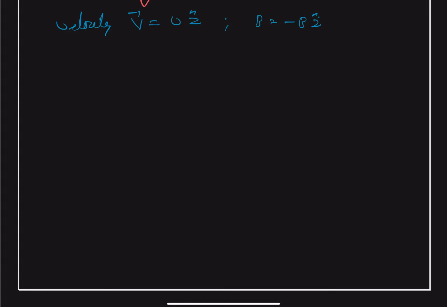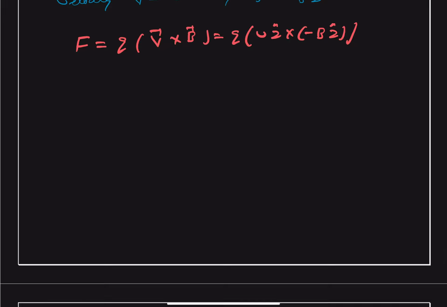Therefore, you can say that our force will be equal to Q V cross B. So we substitute their notations, we get Q, V z unit vector, cross B z unit vector, and we can simplify it.